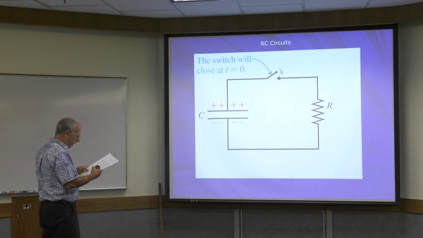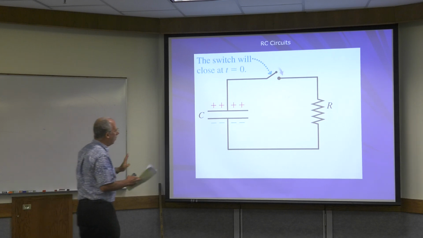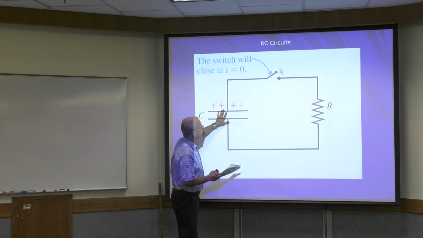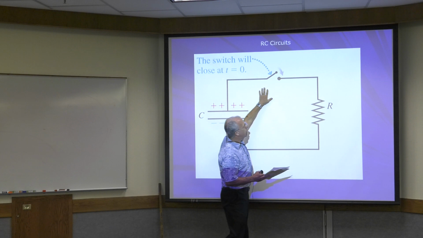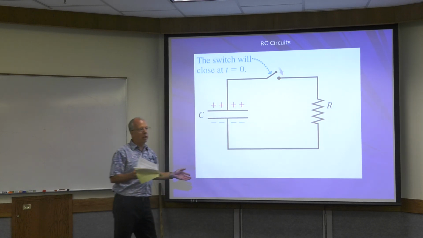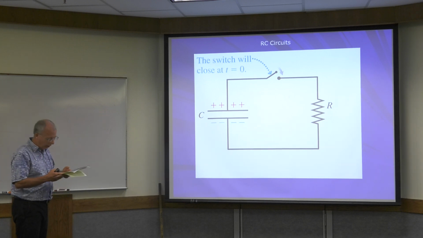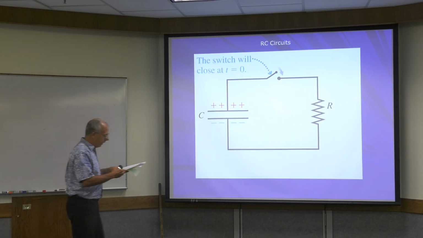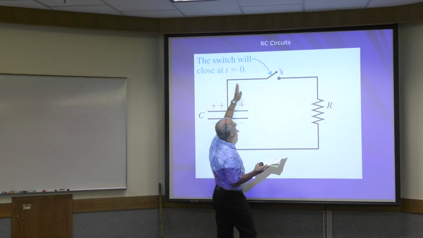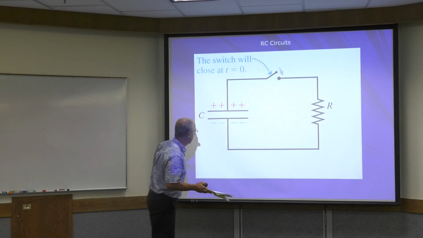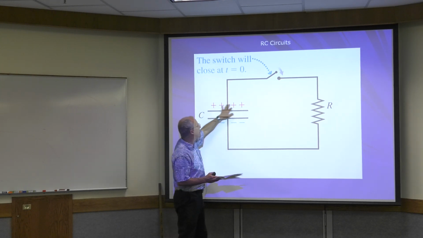All right, so here, let's talk about it. Again, we're starting off with a charged capacitor. Open switch. If the switch is open, is there going to be a current? No, you have to have a complete circuit for a current. So it's not going to be any kind of a current. Now, as soon as we close that switch, what's going to happen? Well, think about it. Do these positives want to be there?